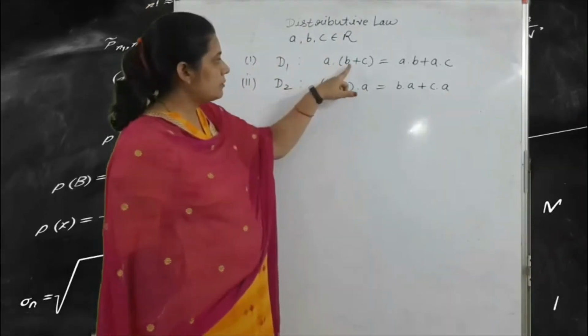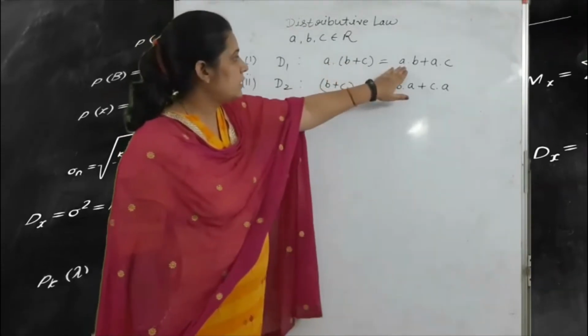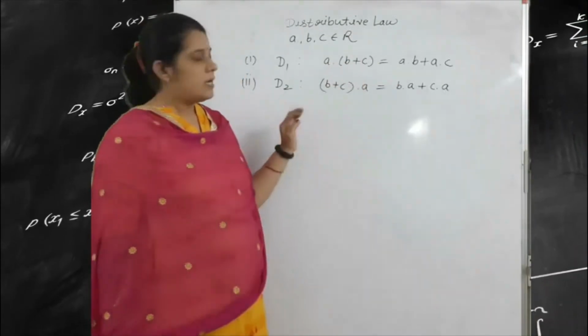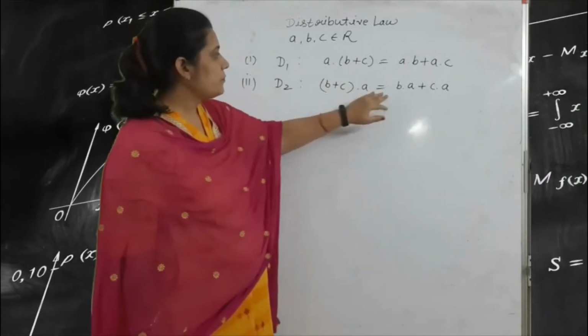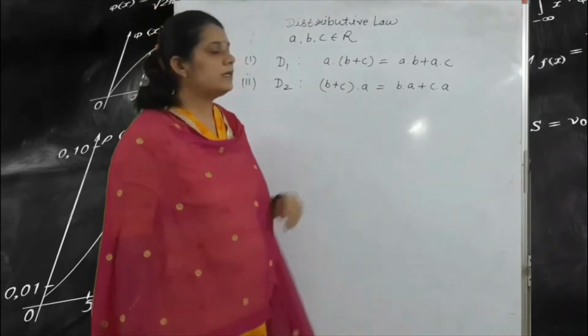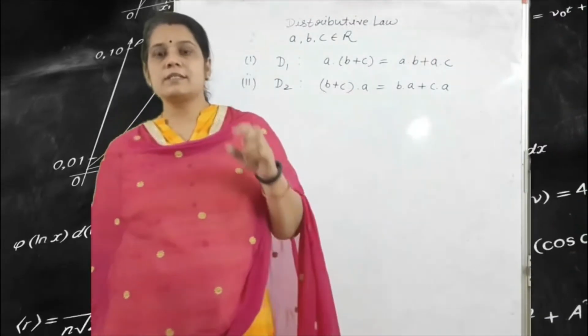So A dot (B plus C) is equal to A dot B plus A dot C, and the second one is (B plus C) dot A is equal to B dot A plus C dot A. So this is the distributive law.